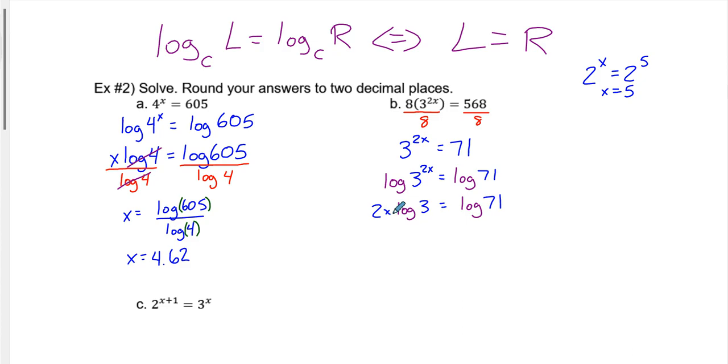So we have 2 times x times the log of 3 equaling the log of 71. The only way that we can get our x by itself is by dividing both sides by a 2 and by the log 3.